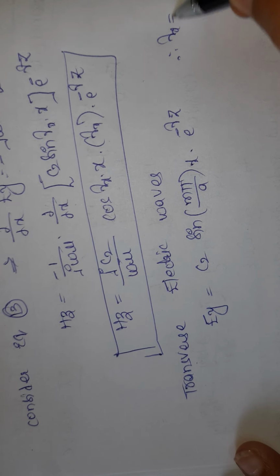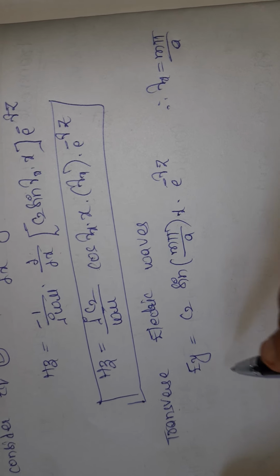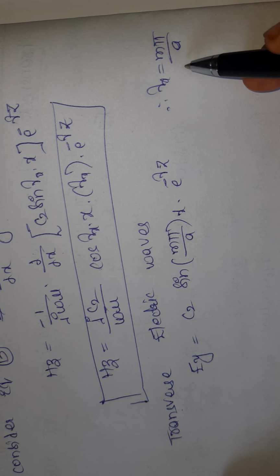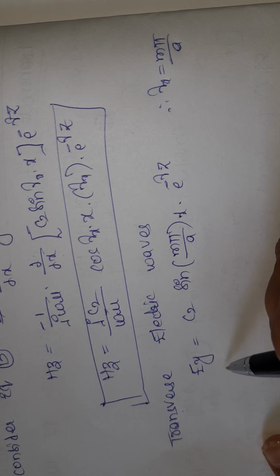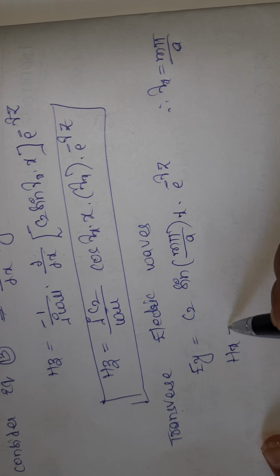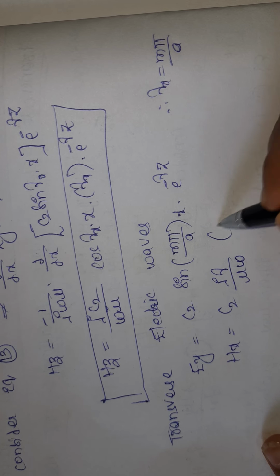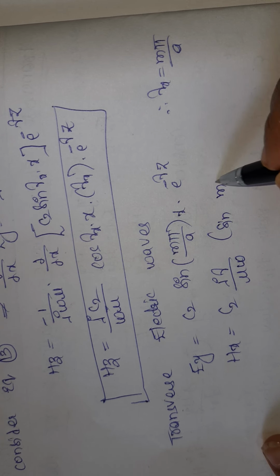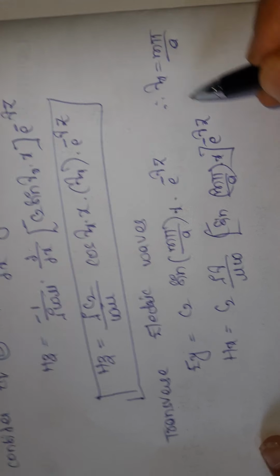This we already derived in the last session, propagation constant derivation. Next, Hx is equal to C2 j gamma by mu omega into sin m pi by a into x into e power minus gamma z.